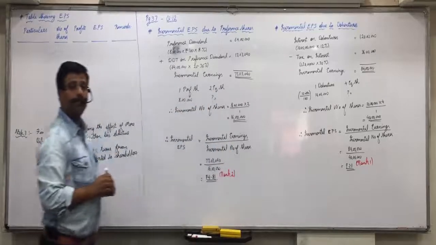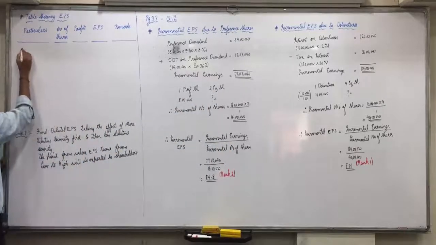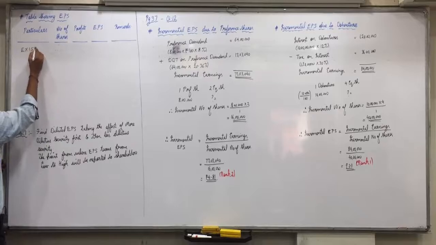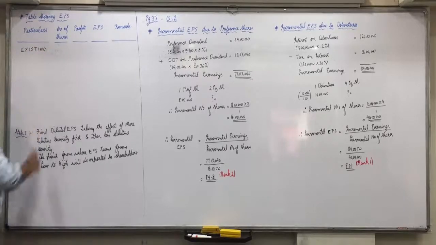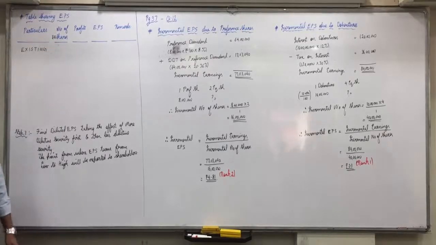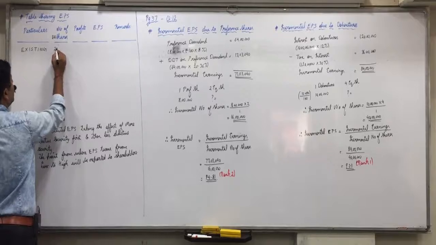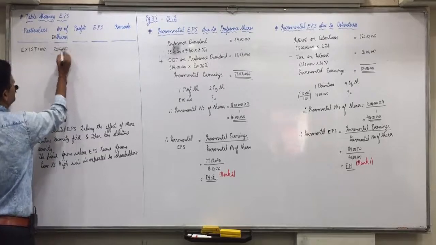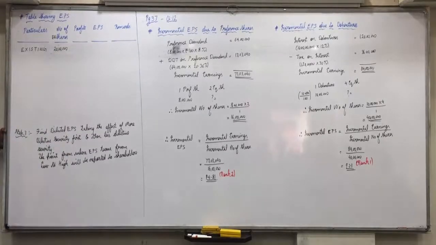First of all, what are the existing number of equity shares? 20 lakhs. Listen carefully everyone. In the first sentence, can you all find that? What are the existing profits attributable to equity shareholders?